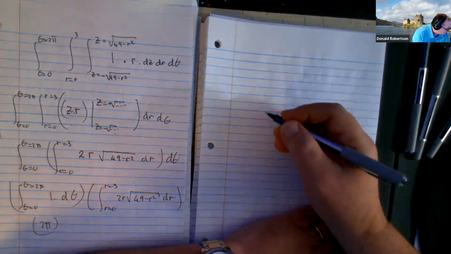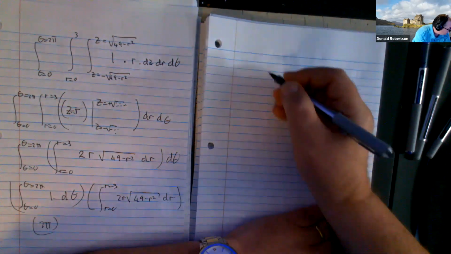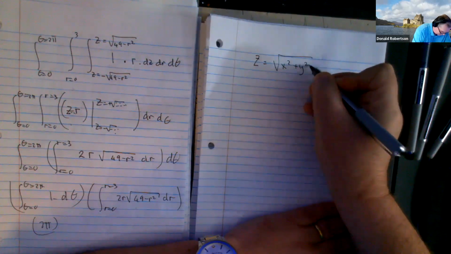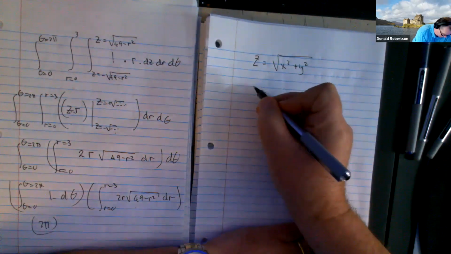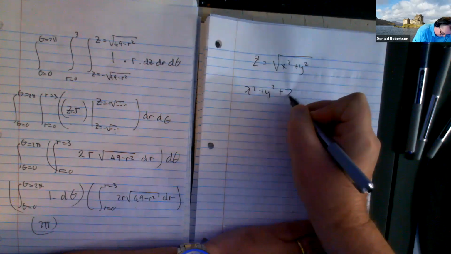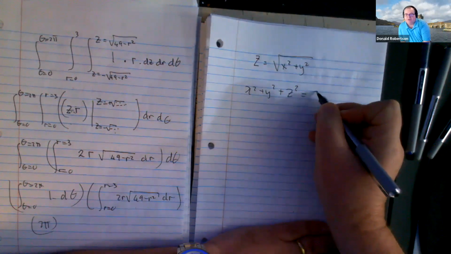So here is another one where we've been asked to find the volume, and the region is this guy, which I believe is a cone, and it's intersecting with this guy, which is definitely a sphere.